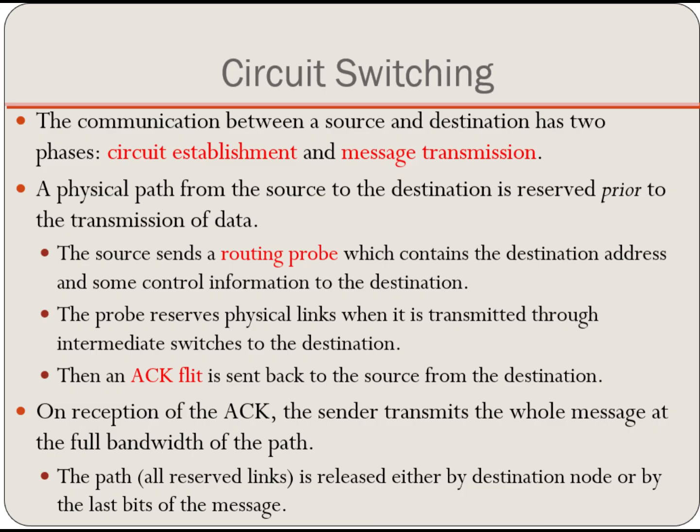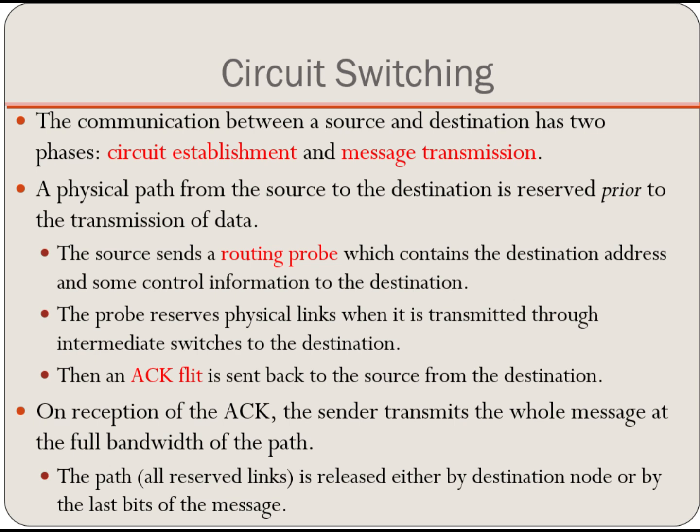So you have two kinds of mechanisms to reserve this circuit. One is when you send out the probe, you reserve the circuit at the same time. But the problem is that the probe may be unsuccessful, may fail, then you need to revoke those reserved links. Another possible way is by using acknowledgement.